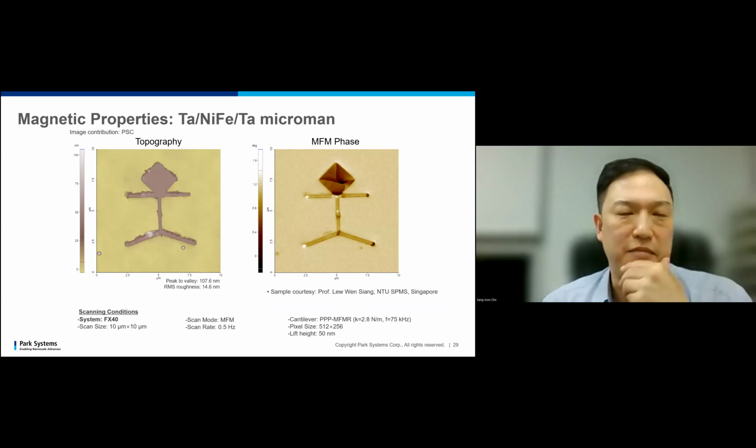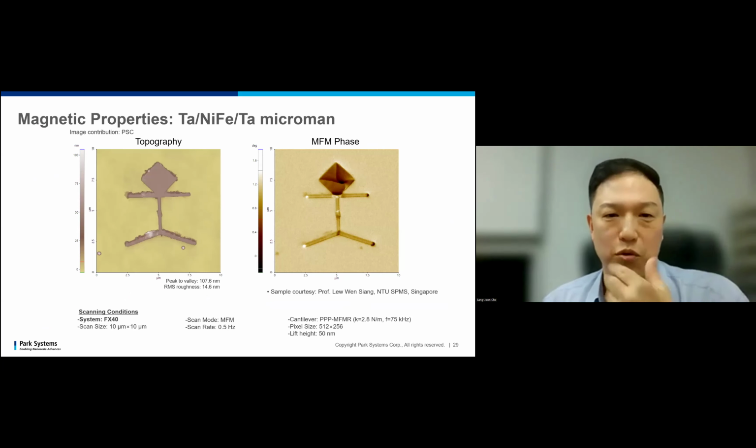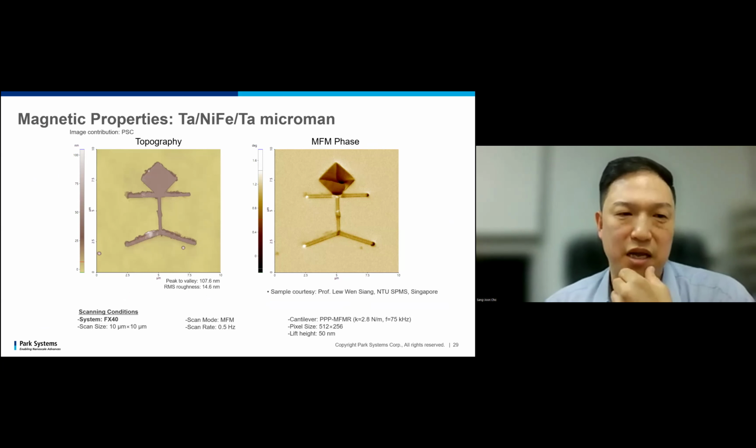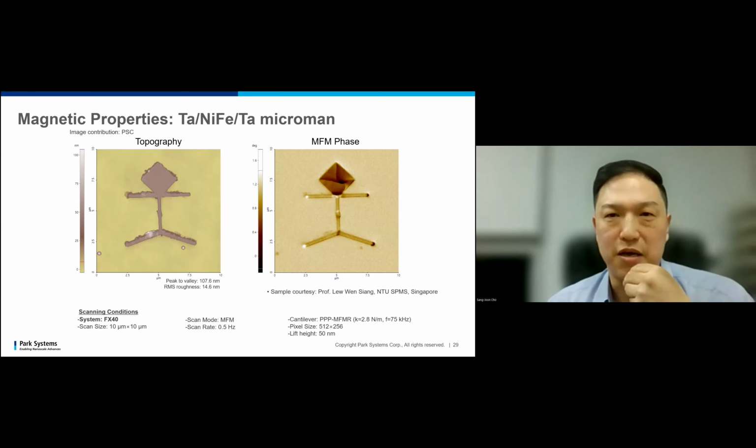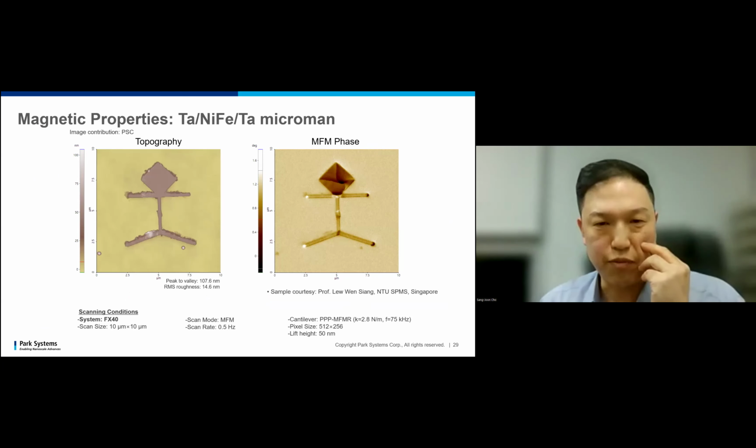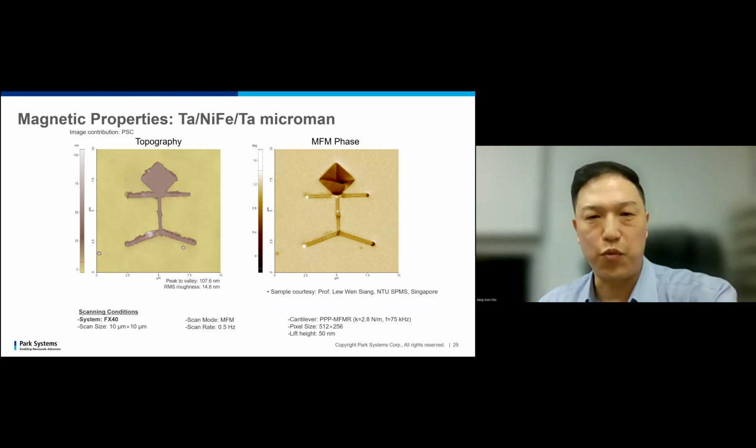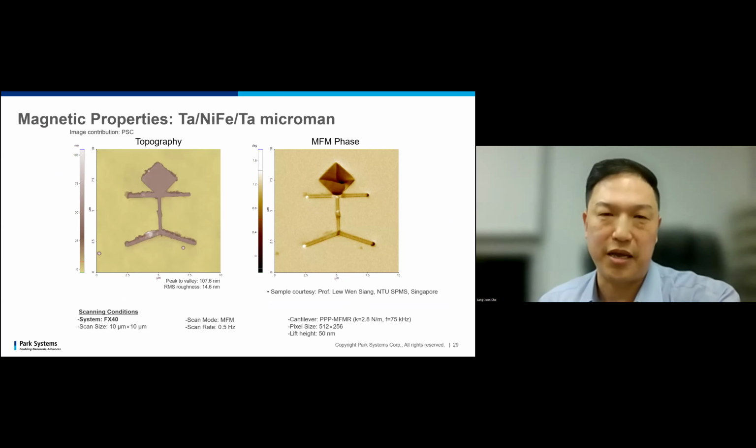And not just electrical measurement, AFM can also use a magnetized cantilever to detect magnetic properties. There are several ways to do it, but at this time I'm not going into details in this area.